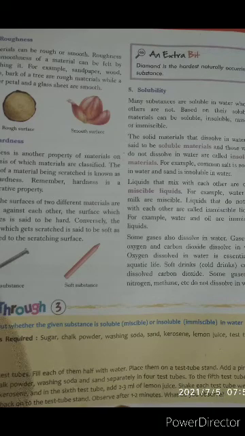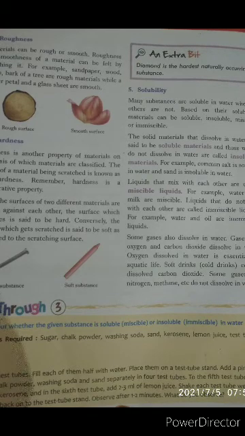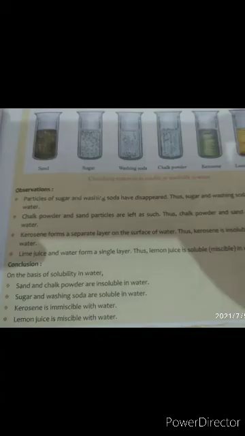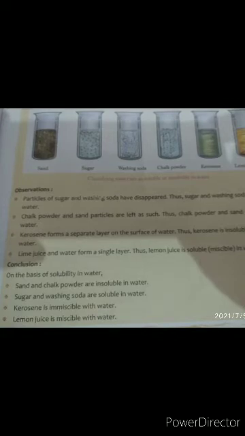To the fifth test tube, add 2-3 ml of kerosene, and to the sixth, add 2-3 ml of lemon juice. Shake each test tube well and put them back on the stand, and observe after 1-2 minutes. What do you observe?